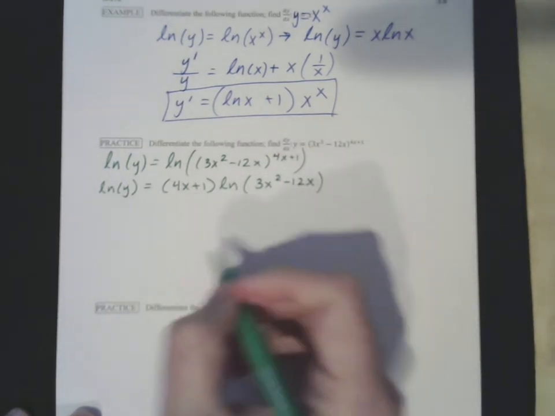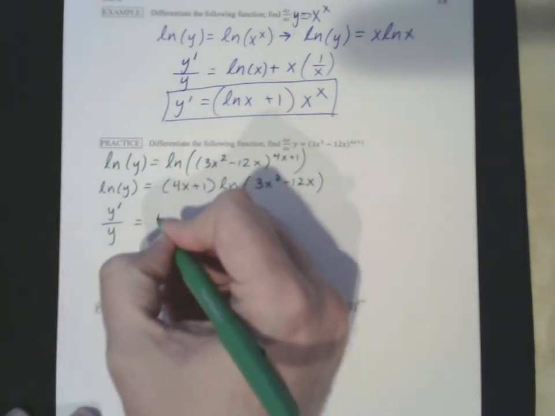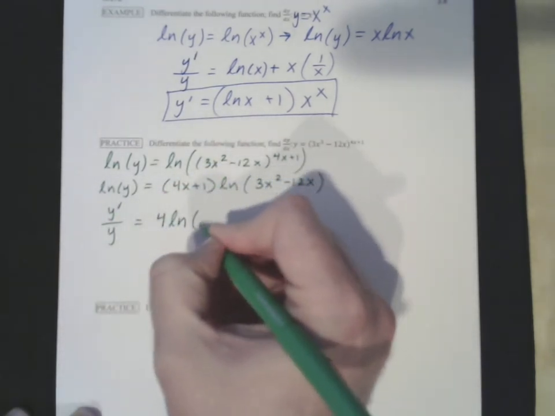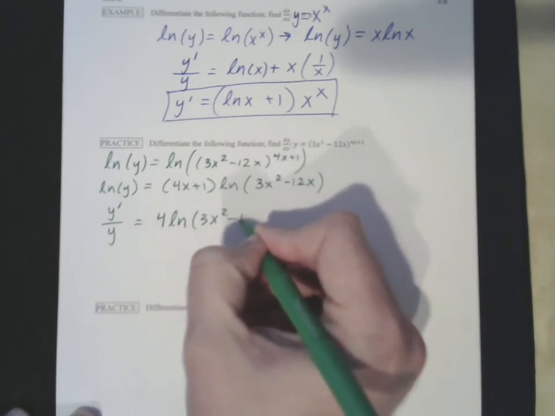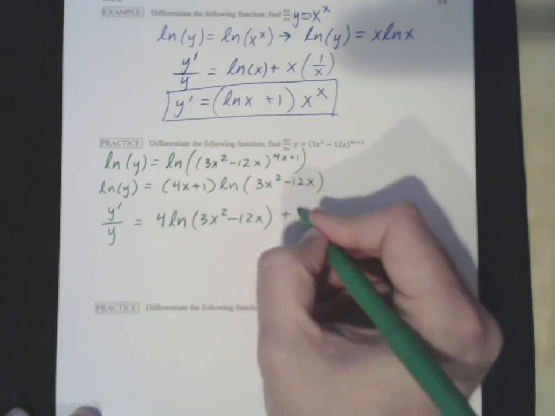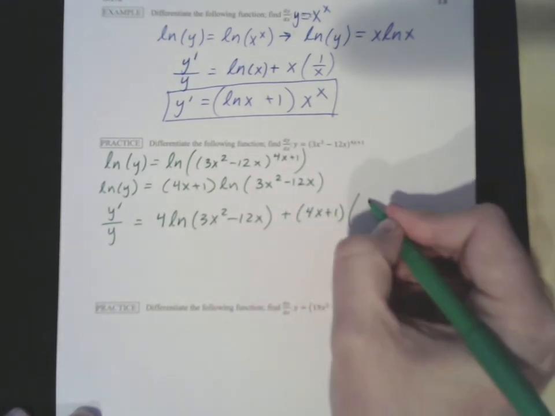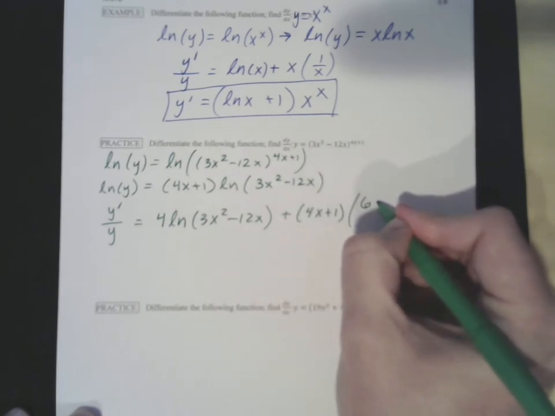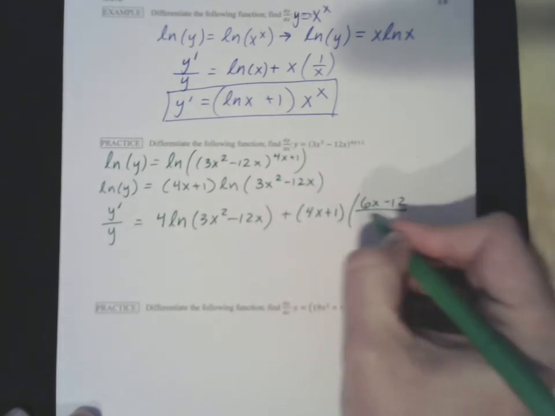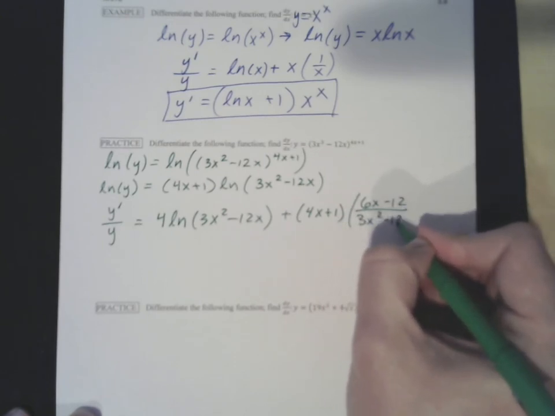So this is going to be a product rule. y prime over y equals 4 ln of 3x squared minus 12x, plus 4x plus 1 times derivative is 6x minus 12, f prime over f, so 3x squared minus 12x.